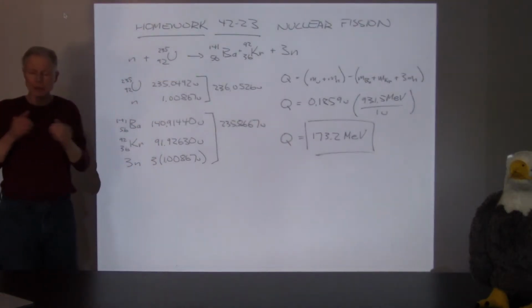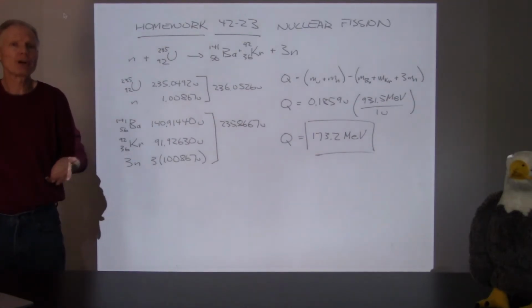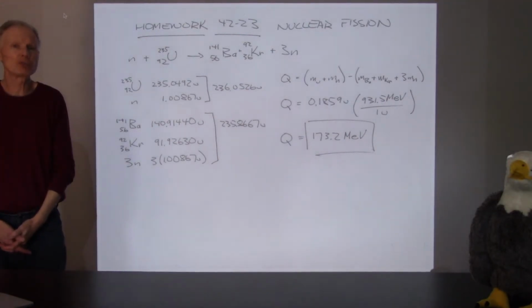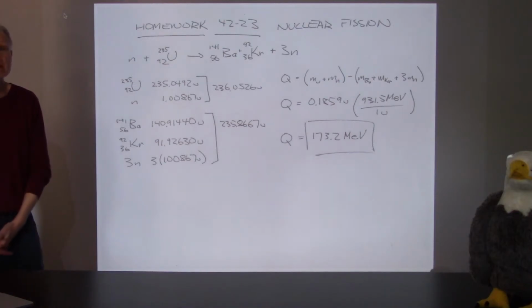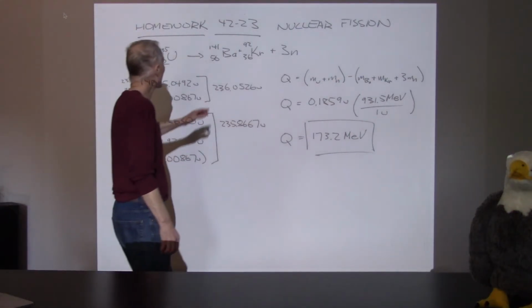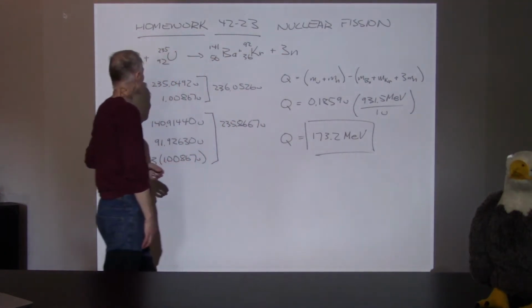And we've talked about the fission. There are hundreds of different combinations of fission products we might get when we set this reaction off. So we're not going to get the same products each time. These are just one particular set of products that are possible.